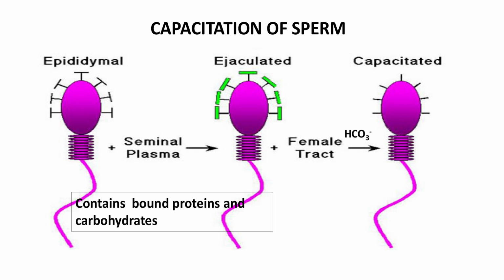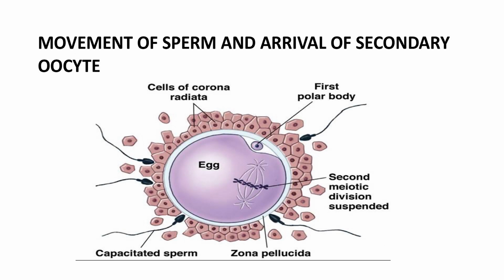So, look at the final diagram, it is a capacitated sperm where the requisite changes to make it viable have already taken place. Now, the next requirement: before the fertilization we should have a secondary oocyte available by the process of ovulation, and the sperm should move up to the oviduct so that the fertilization can take place properly, and the sperm has already been capacitated.